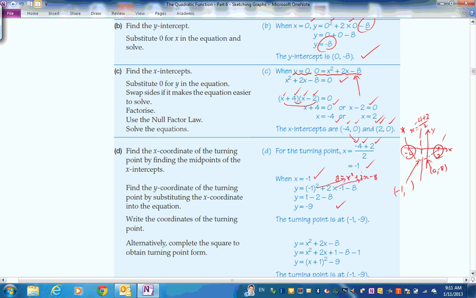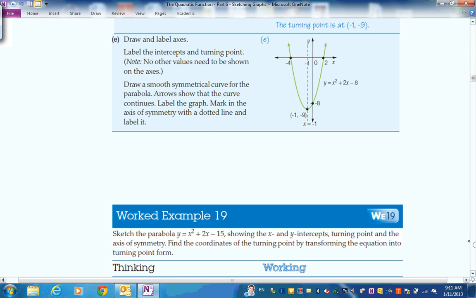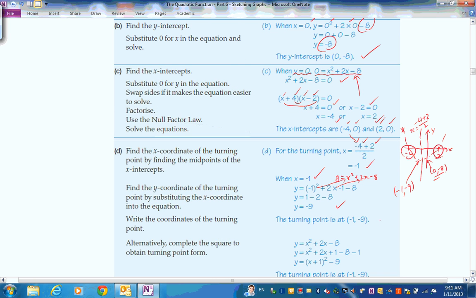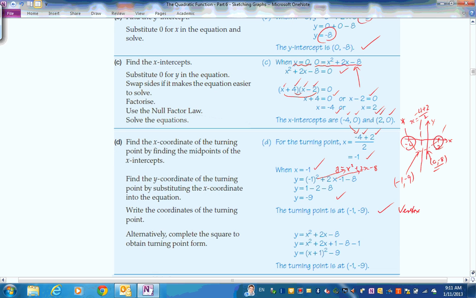And that, the rule says, the point where x is -1 must have a y as -9. That's the meaning of that rule or equation for the curve. So we've just found this is -9. That fits nicely with -8 because it comes up and crosses the y-axis just there. I've gone too far now, so let's just come back. So, therefore, the turning point, or vertex, more often referred to as the vertex, is that point there.